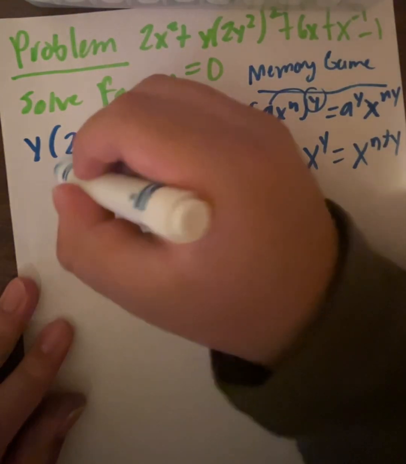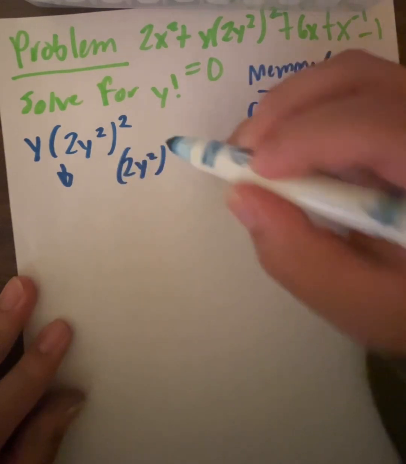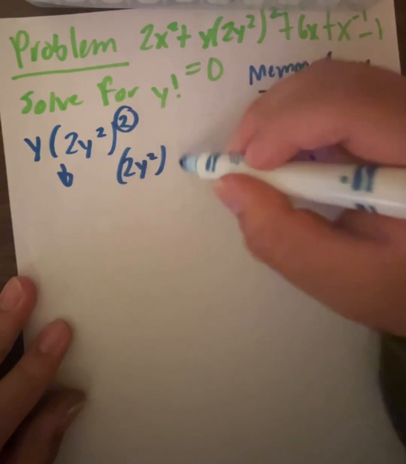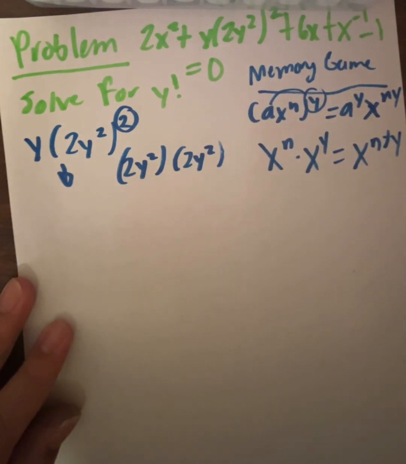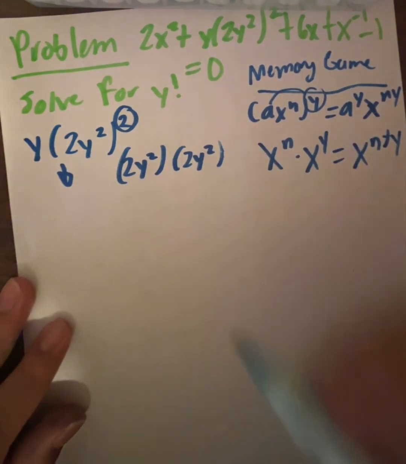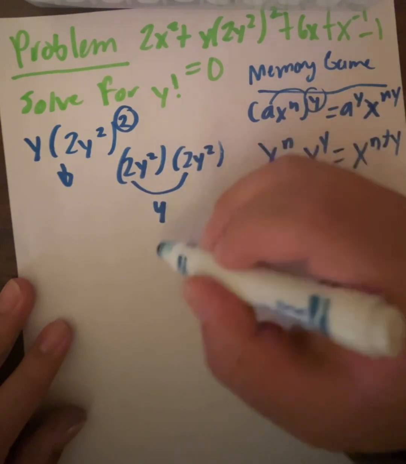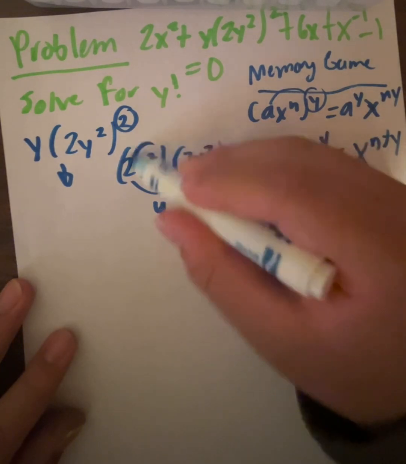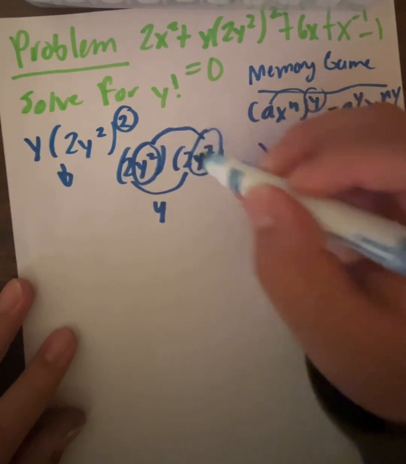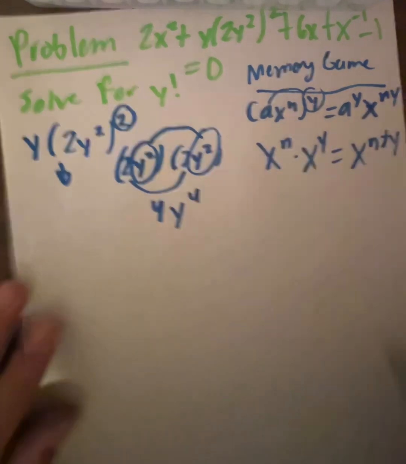So we're back here. 2 to the y squared is just 2 to the y squared times 2 to the y squared. You can look at it that way. And so we know there will be 4, because you're multiplying 2 times 2, and y squared times y squared, which will be y to the 4th.